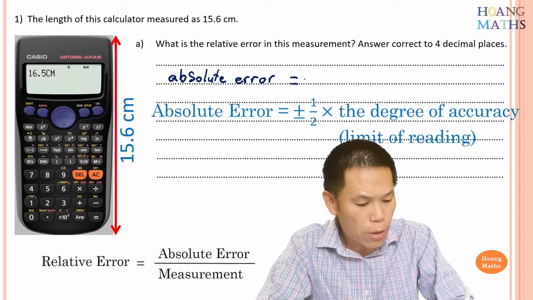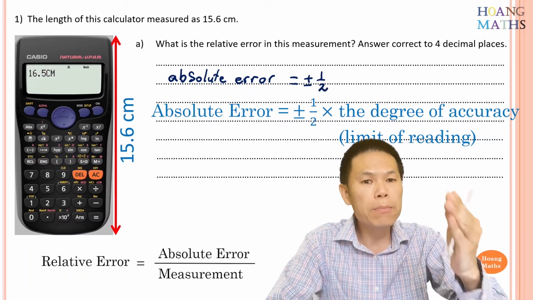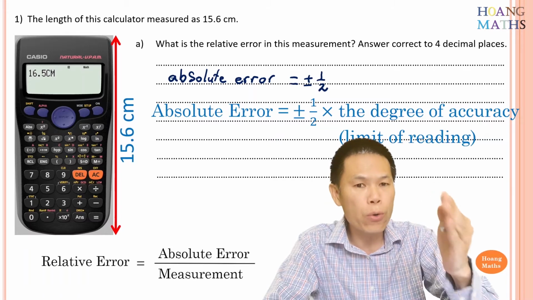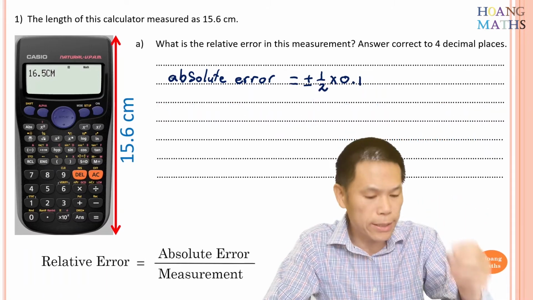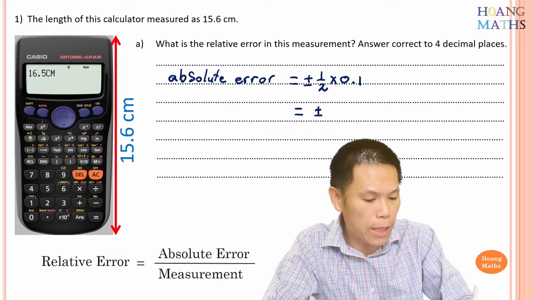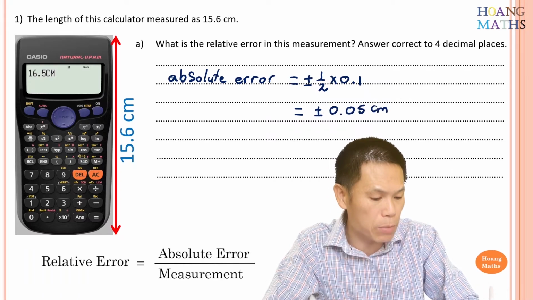The absolute error is equal to plus or minus a half of the limit of reading. The limit of reading of this is 0.1 of a centimeter, so 0.1 times a half gives me plus or minus 0.05 centimeters.